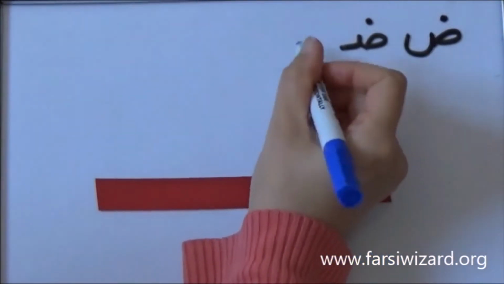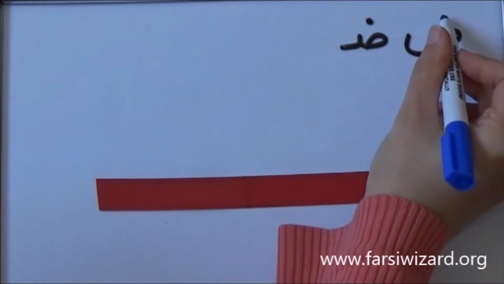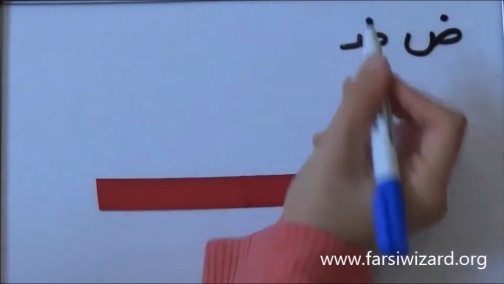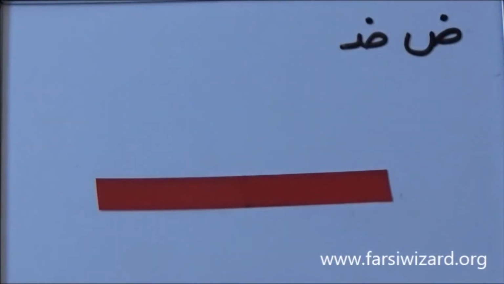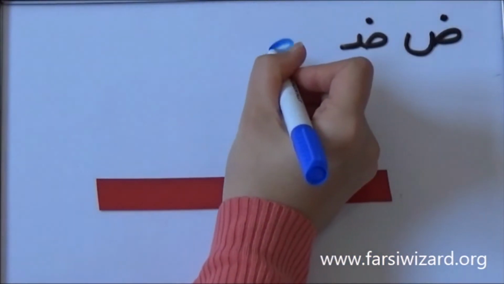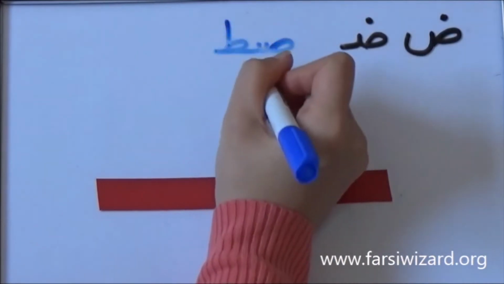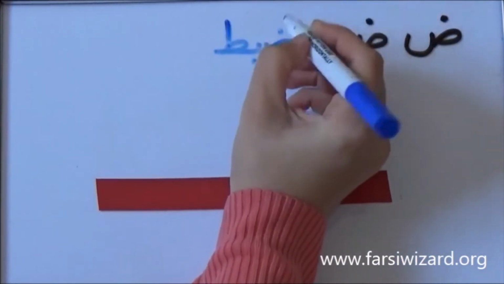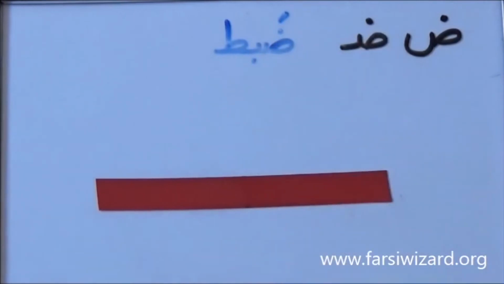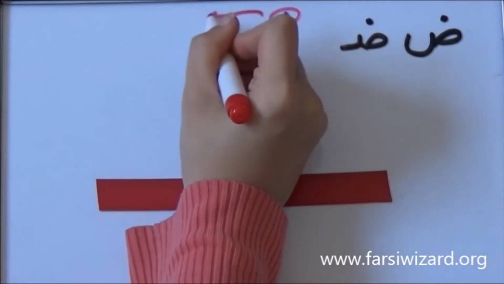The way it's written, remember, 1 stroke, then 1 dot on top. So here we have a word, zapt. Now, in fact, in this word, I have used both Zad and Ta, but well, we're going to concentrate on Zad, which is the first letter. Zapt.